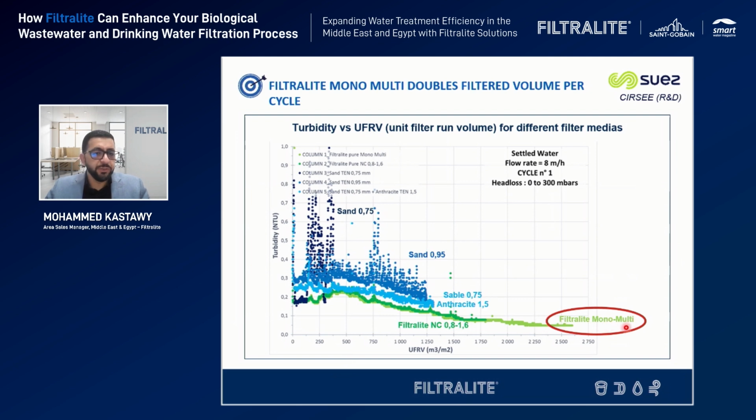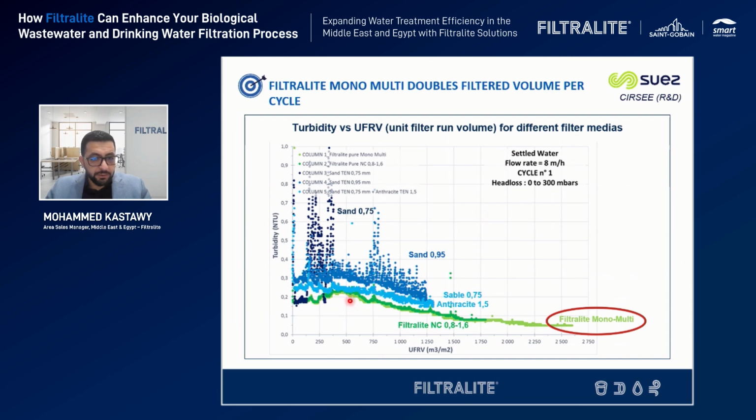What we need to achieve here is to see the effect on the turbidity for these 5 different columns, and also to see the UFRV. And UFRV, as we know, refers to unit filter running volume. So basically, I'm talking about how many cubic meters go through a square meter until I need to stop and do the backwash. Of course, all of these parameters are the same for the water going inside the column.